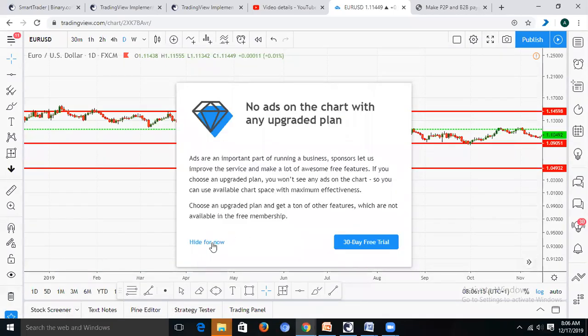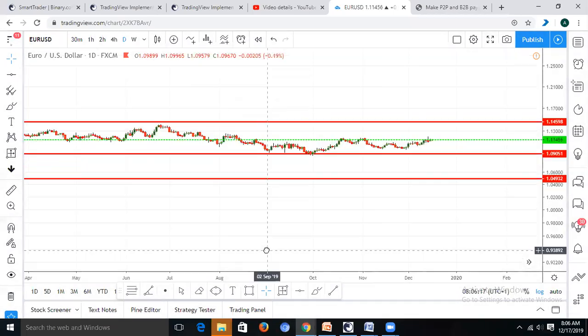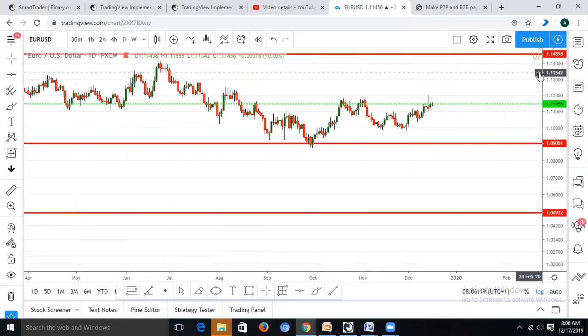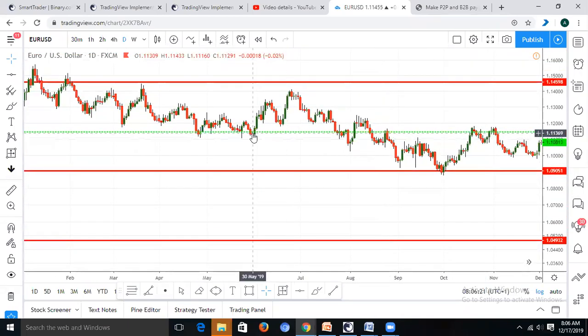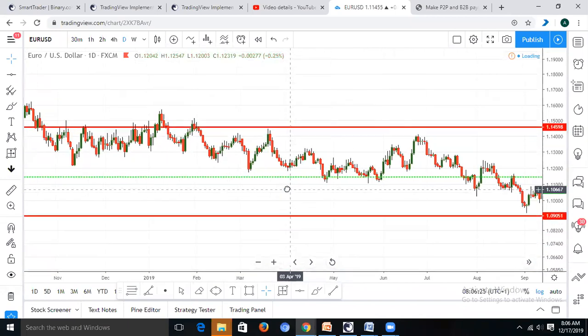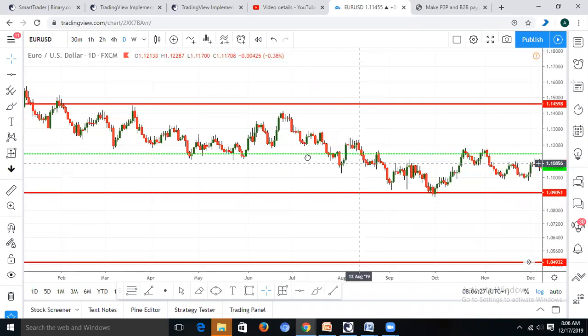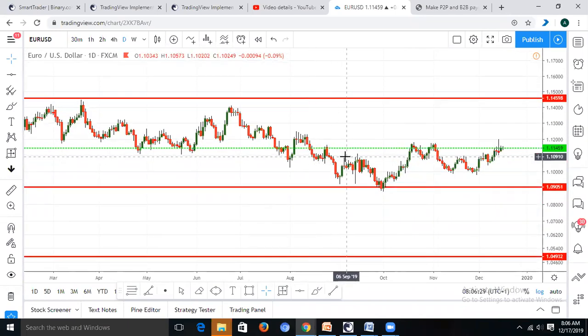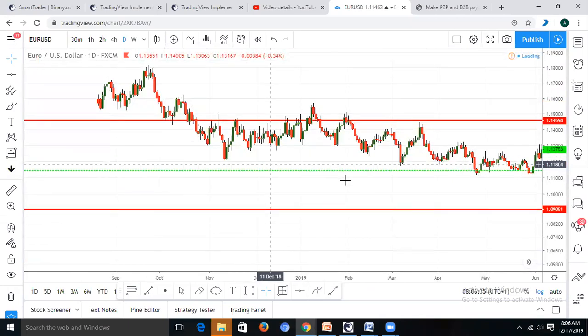You go back to your daily and see the price according to the daily time frame. Now the weekly has given you some key turning points.